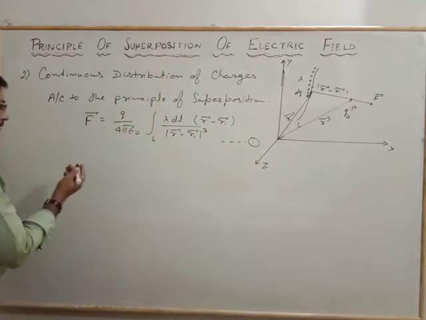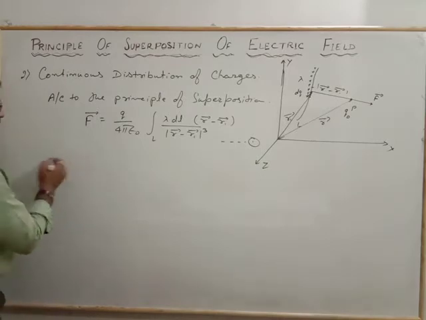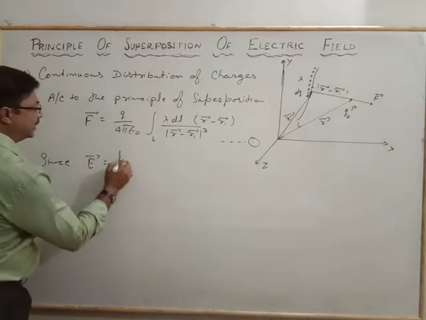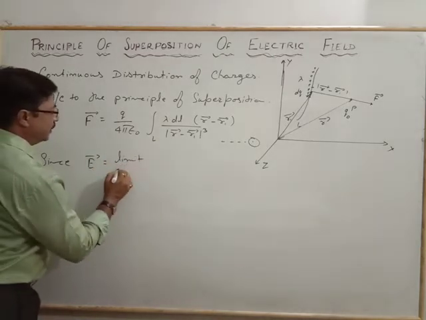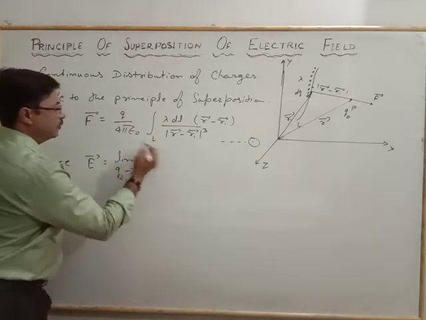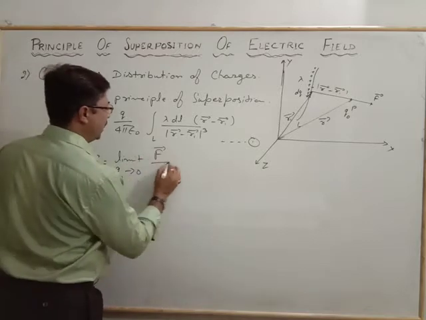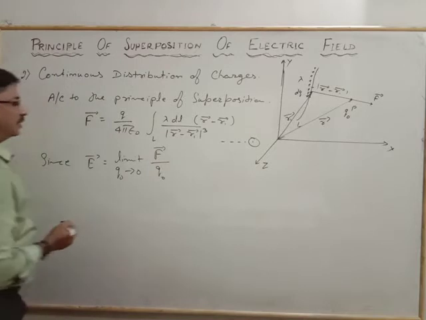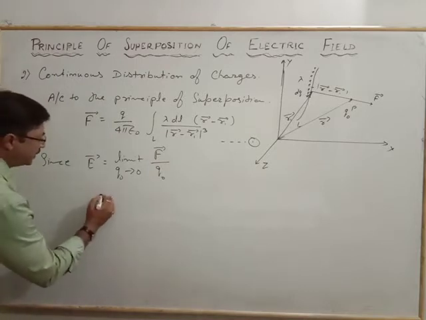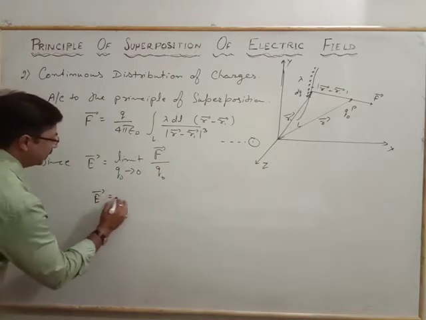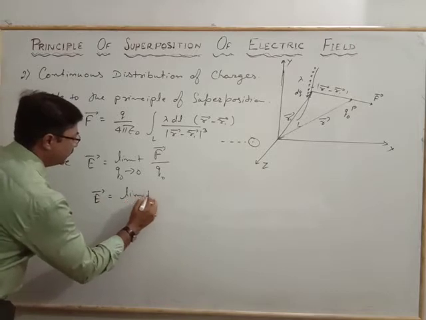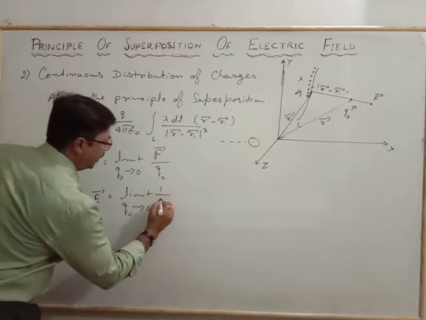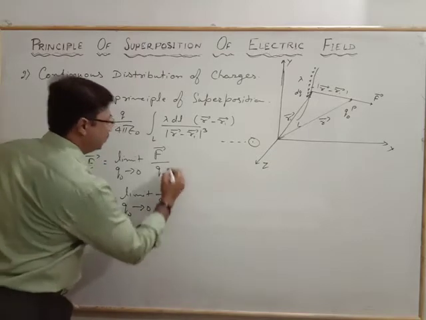Next we will use the definition of the electric field. Electric field E is represented as the limit q naught tends to 0 of the force upon the charge q naught. The force we have in equation number 1. So the electric field E vector is equal to the limit q naught tends to 0 of 1 by q naught into force.